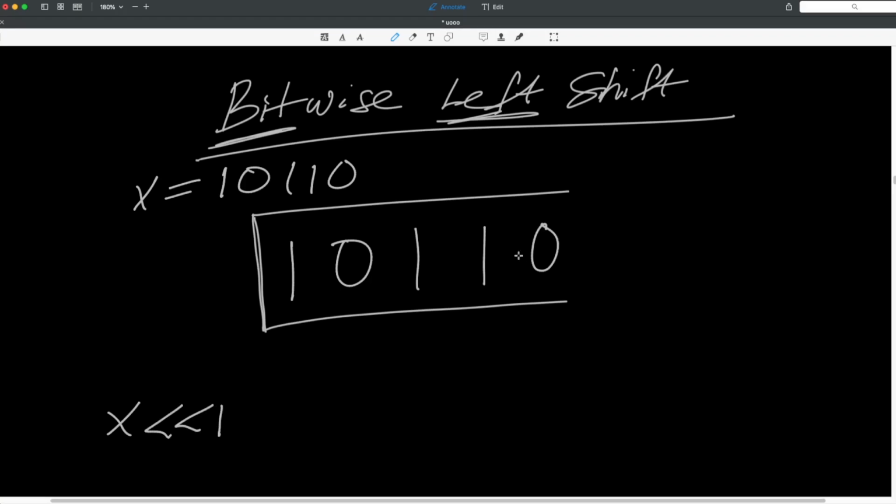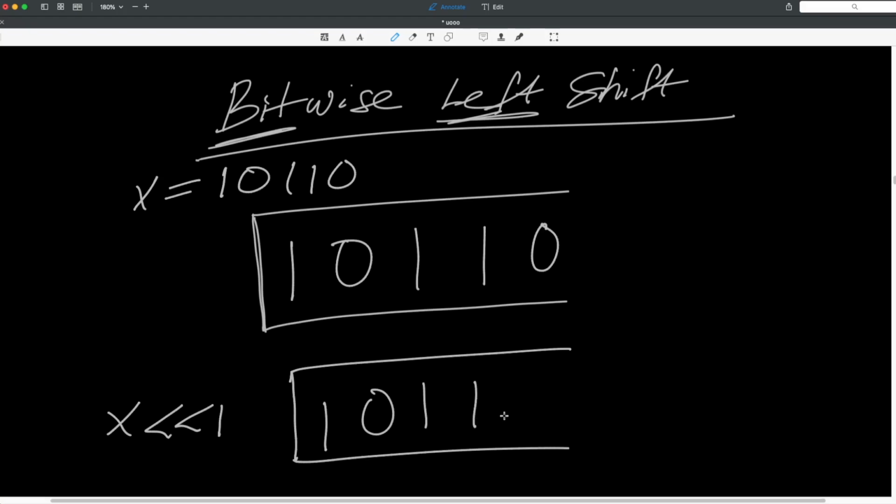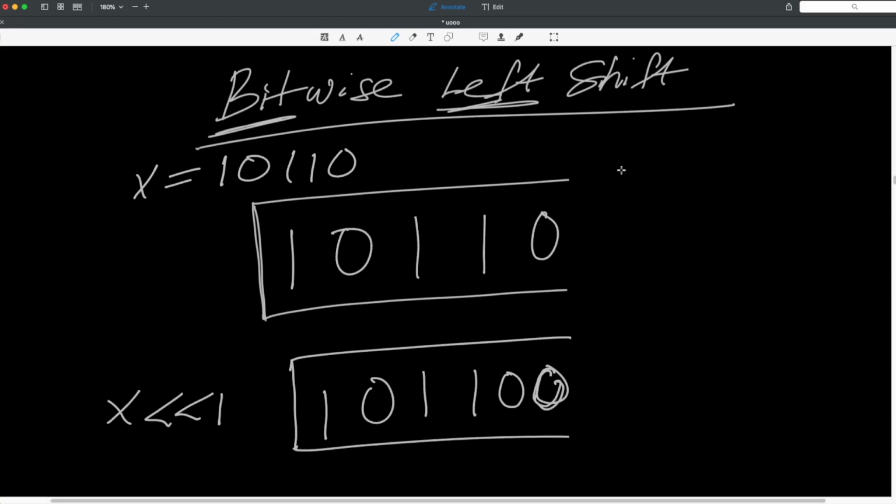It means push them inside, let them give space to 0. An extra 0 will push them, because before now, this was the last 0 at this edge. Another 0 now pushes these guys, and these guys now accommodate the extra 0. So when you convert this to decimal, it will be the left shift of this guy. That is just by one step.